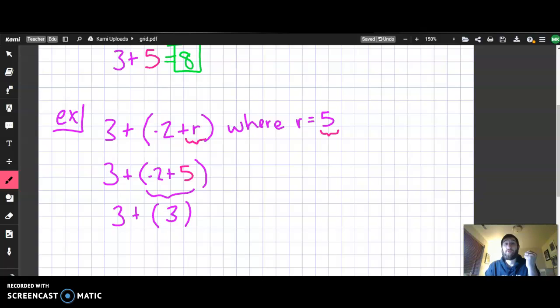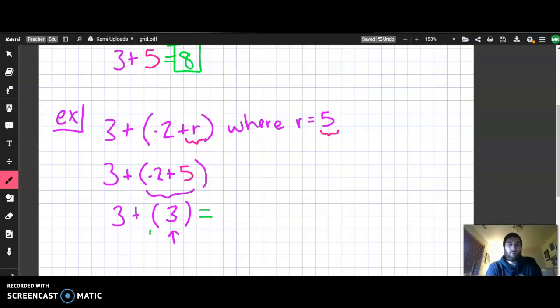Our purpose for parentheses is to group things. We do not need parentheses in order to group our 3 that's by itself. That's why you've seen your previous math teachers drop parentheses, and it doesn't ever seem very clear as to why. And that why is because if we're grouping things, we don't need to group something that's already by itself.